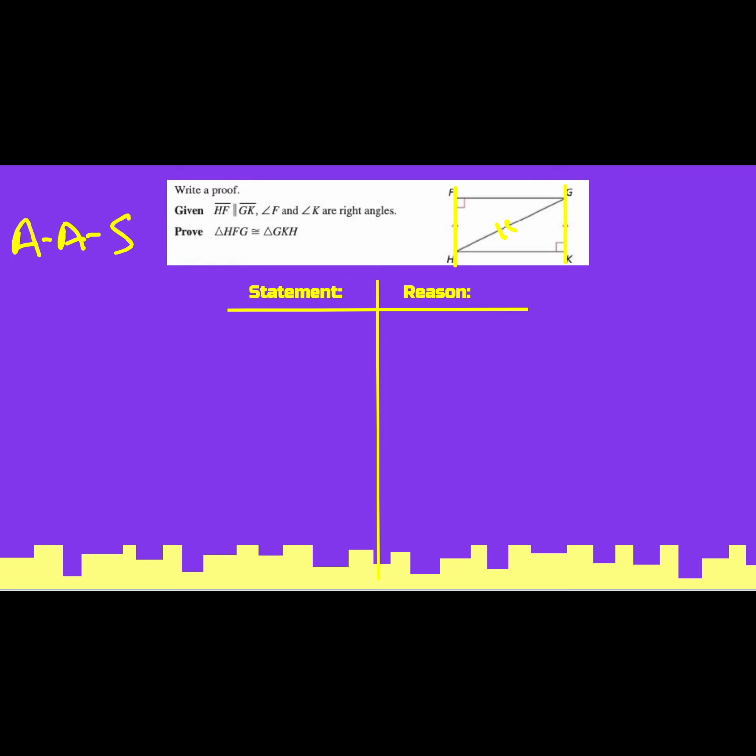So if we're writing our proof, we're given HF parallel to GK, and then also F and K are right angles. That's how we will try it.